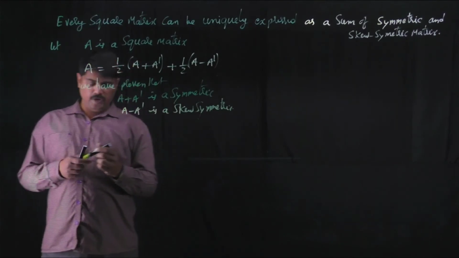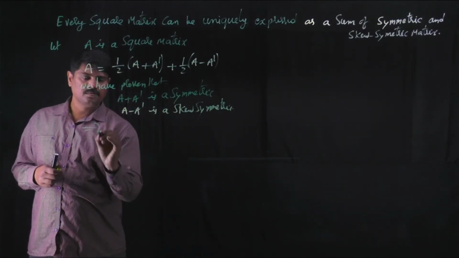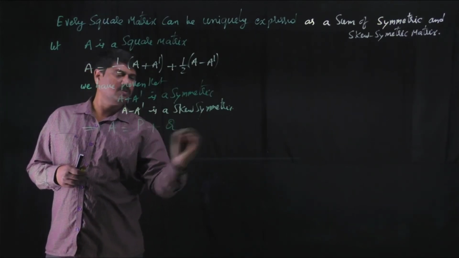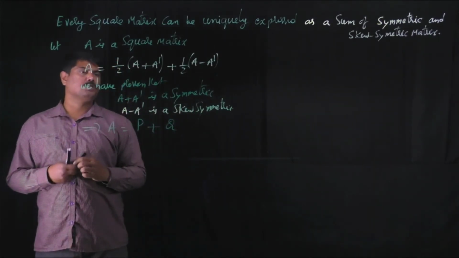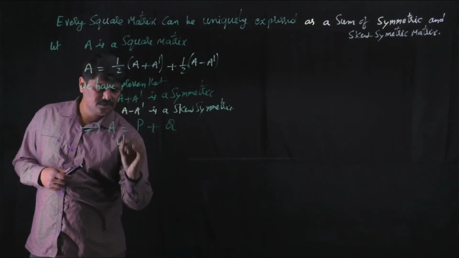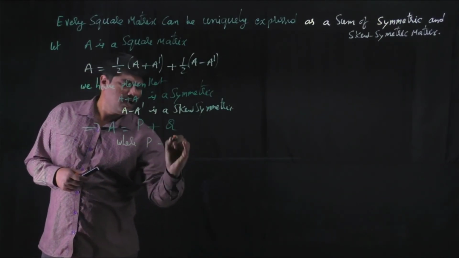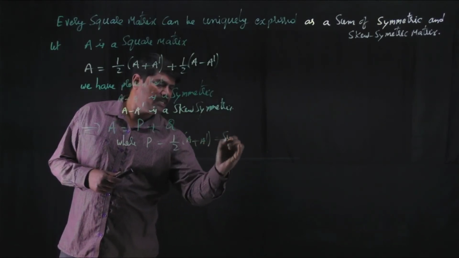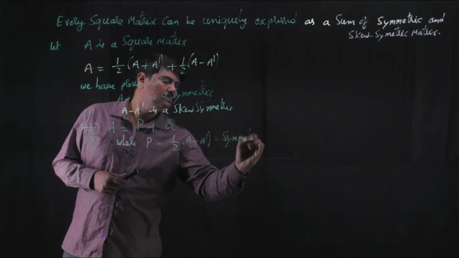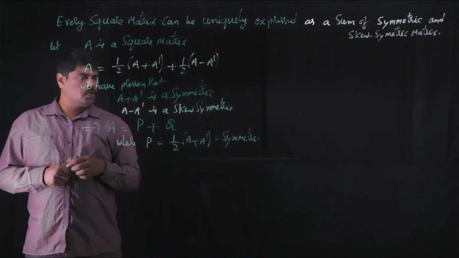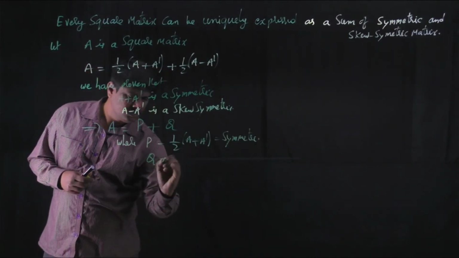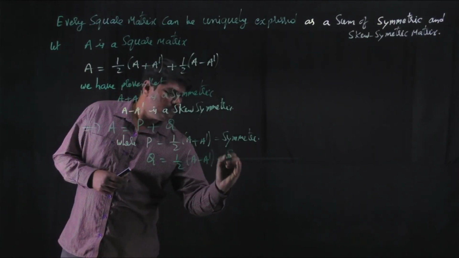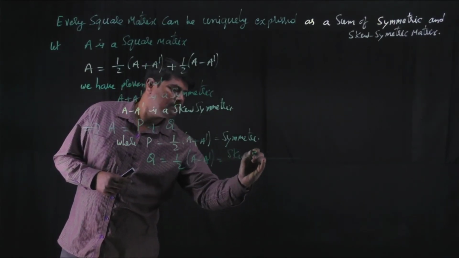If you name these, A is equal to P plus Q, where P is half into (A plus A dash), which is a symmetric matrix, and that Q matrix is half into (A minus A dash), which is a skew symmetric matrix.